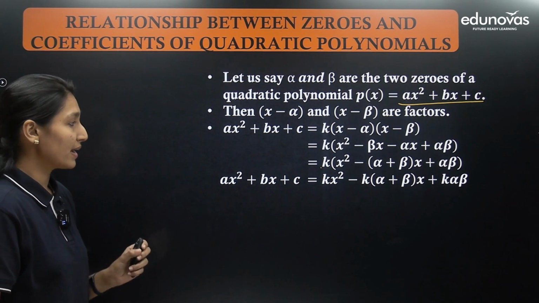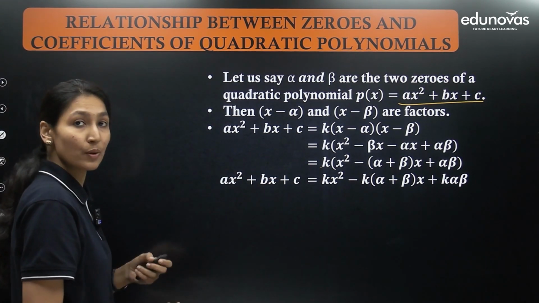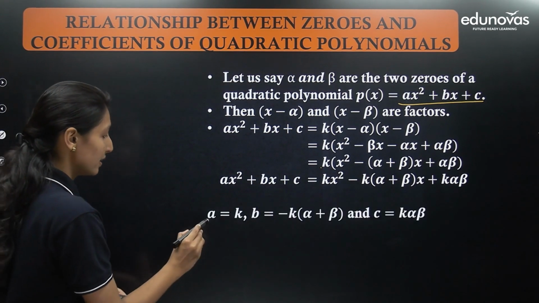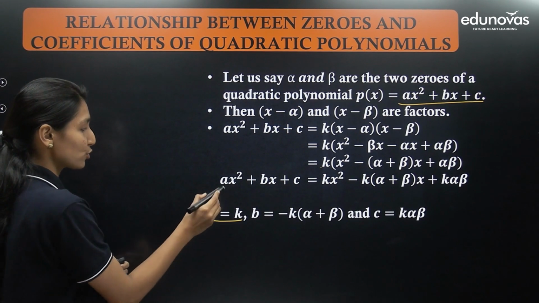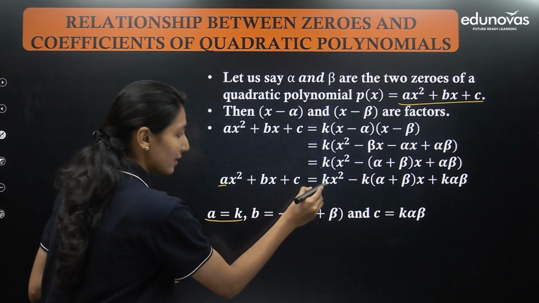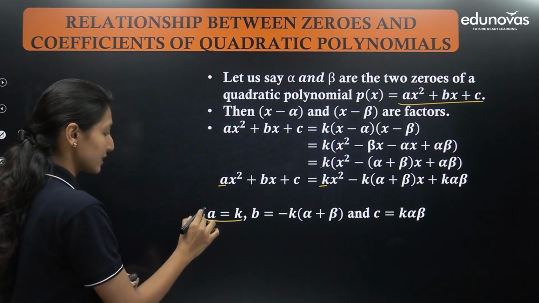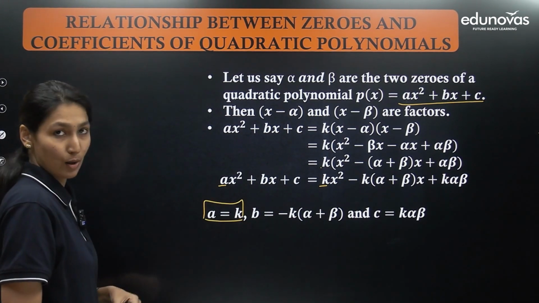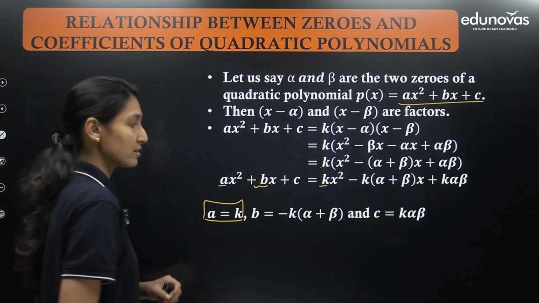Now, on comparing the coefficients of x square, x and the constant, we can write a is equal to k. What is the coefficient of x square on LHS and RHS? It is a and k. Therefore, a is equal to k. Now, what is the coefficient of x on LHS? It is b.